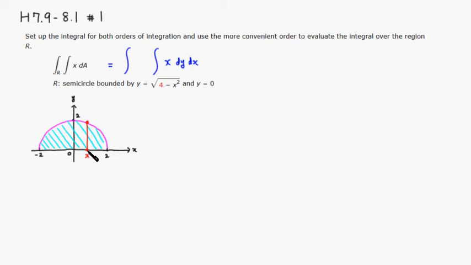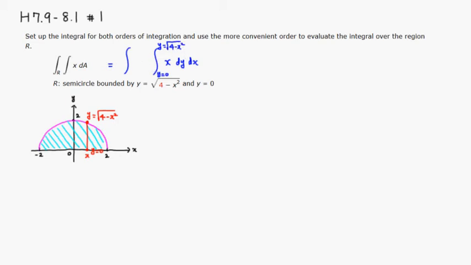It starts from y equals 0, because it starts from the x-axis, and it ends right on the circle, which has the equation square root of 4 minus x squared. So the lower limit is y equals 0 and the upper limit is y equals square root of 4 minus x squared.